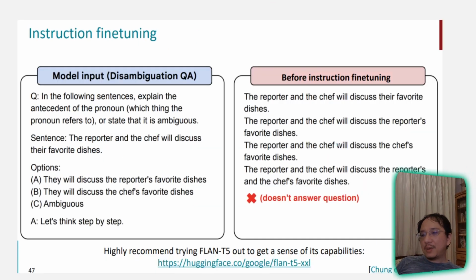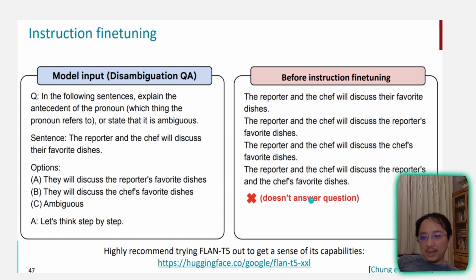The first famous model using this method is the Flan-T5 model from Google. Here is an example. Before the instruction fine-tuning, when asked a single choice question, it doesn't actually do what we intend it to do.